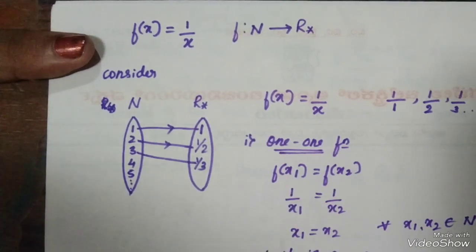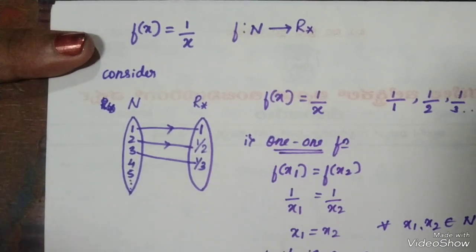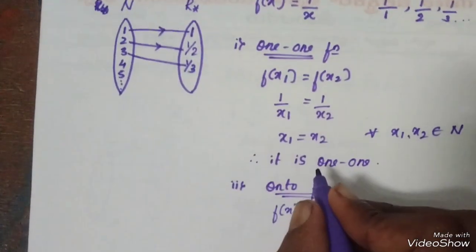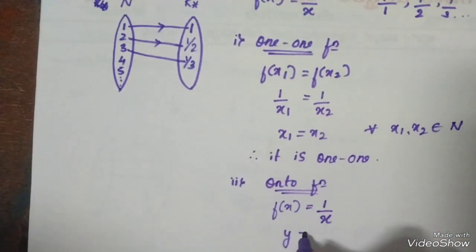Again, we have to check the onto condition. Okay, onto function. Here consider f of x is equal to 1 by x. Substitute f of x by y. y is equal to 1 by x. Again solve for x: x is equal to 1 by y.